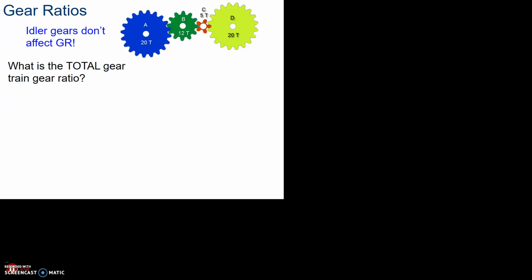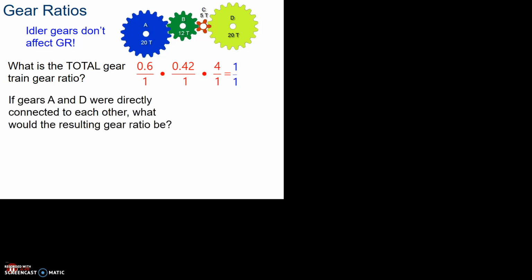Now, when you have a total gear train ratio, looking at the idle gears, let's say B and C, you have A driving and D as your output. B and C don't matter. They don't count. So we can look at the total gear ratio of just A to D. If you notice, gear A and gear D both have the same number of teeth, same diameter, same everything, so they're going to have a gear ratio of 1.